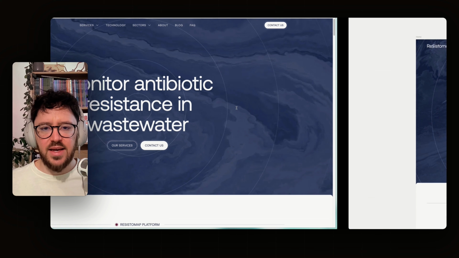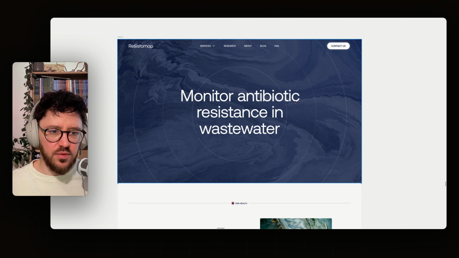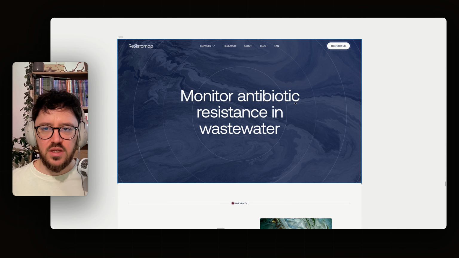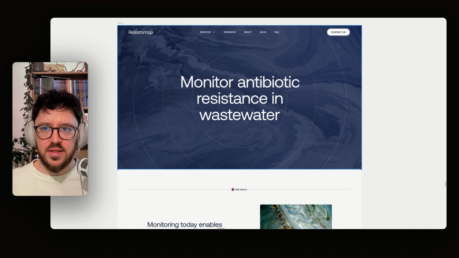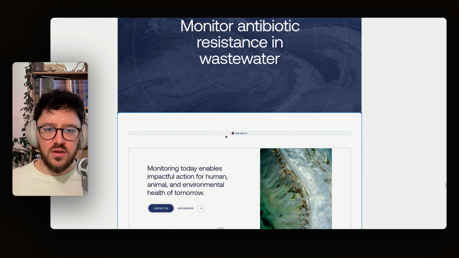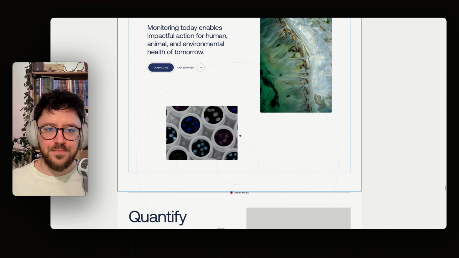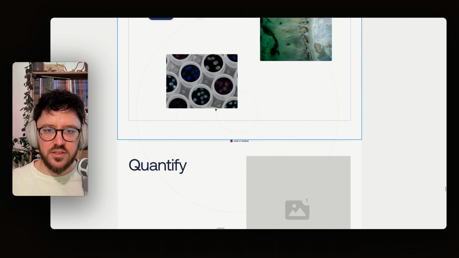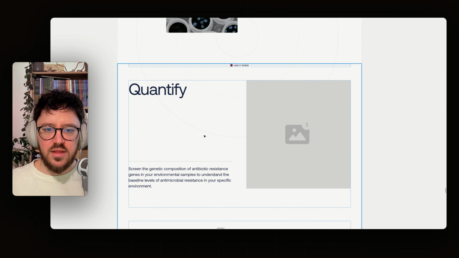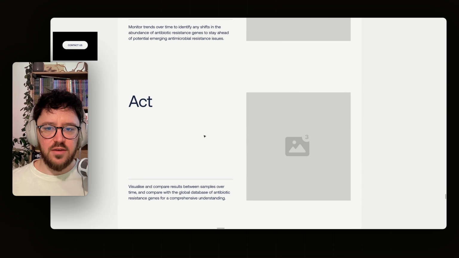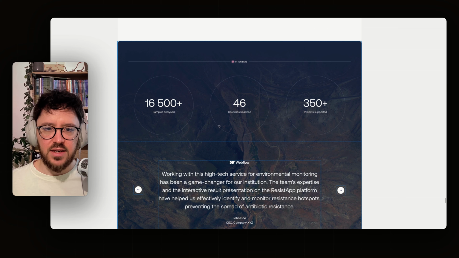Once I had that idea, and of course that was validated by the client, then I designed everything around this. So as you can see, all the elements, the buttons, the eyebrow here, and the shapes in the background, they're all stemming from that idea.